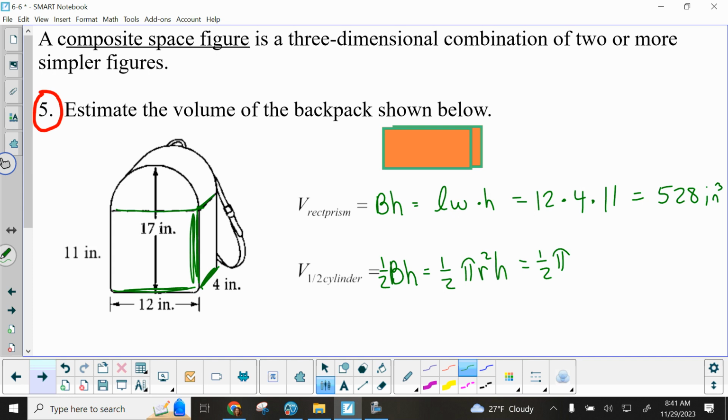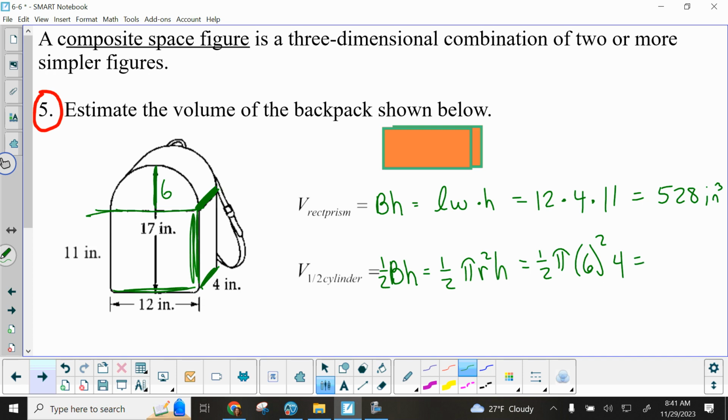So I'm looking up here, and I have to figure out the radius, and this is the radius right here. Well, the whole thing's 17, and I stop here at 11, so this must be 6. And then the height, in this case, is going to be how deep the cylinder is. So it's this distance right here, or that measurement, so that's 4.